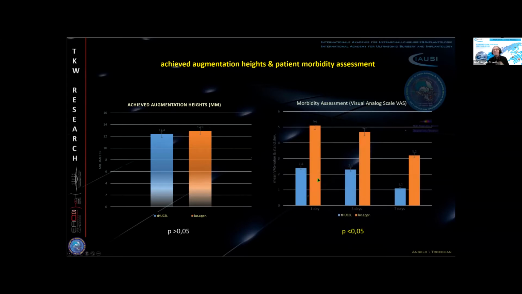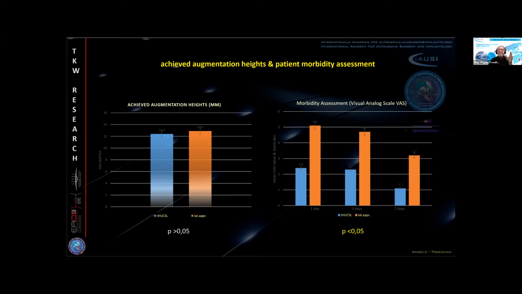But the big difference is when it comes to morbidity assessment, because we investigated also, because it's a clinical study and we want to know how the patient feels, how the patient perceives the entire procedure, how he feels afterwards, how fast he can go back to work or get back to his social activities. Not in the COVID pandemic, now it doesn't matter right now, but there will be times after COVID.